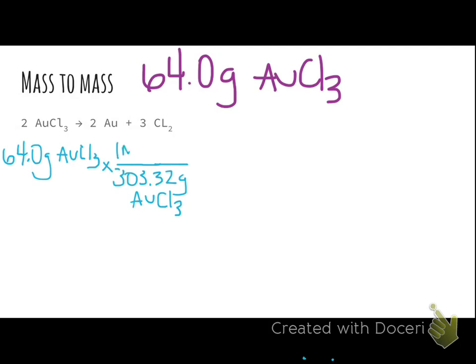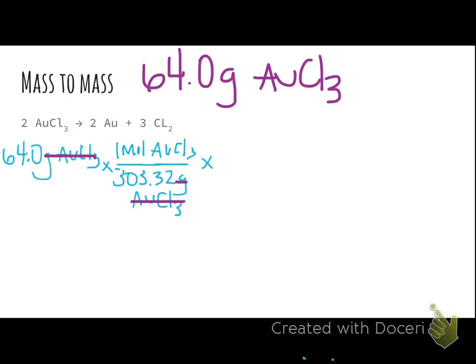And that's for 1 mole of AuCl3. Okay, so now my units of grams per AuCl3 are going to cancel. Now I'm going to be left with moles.